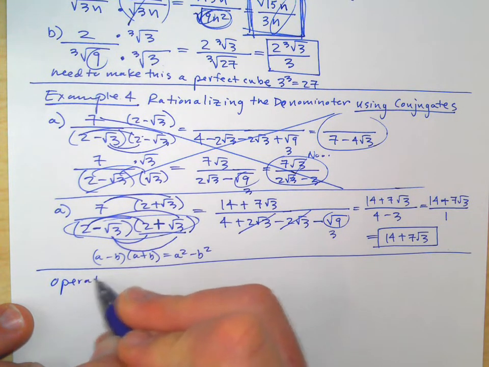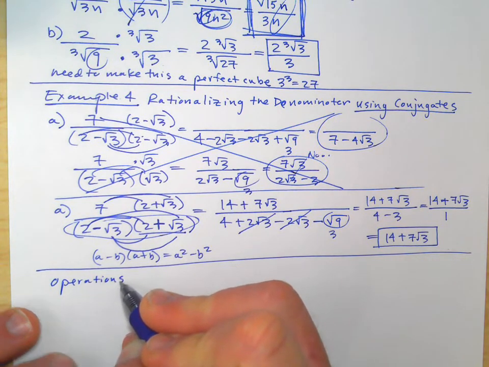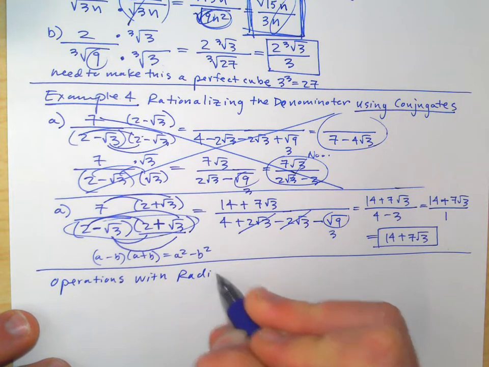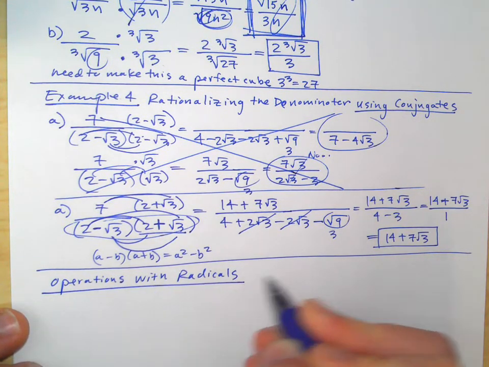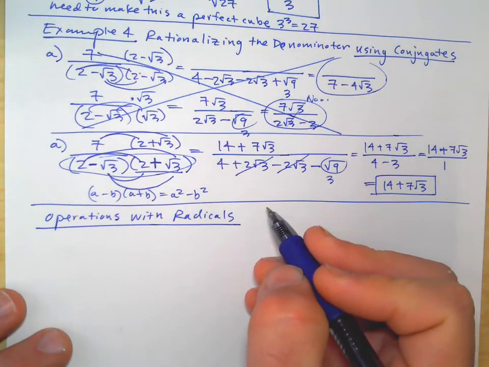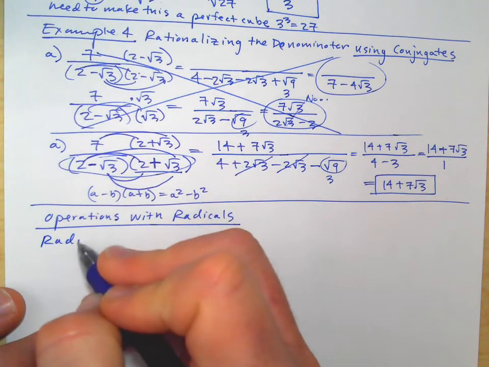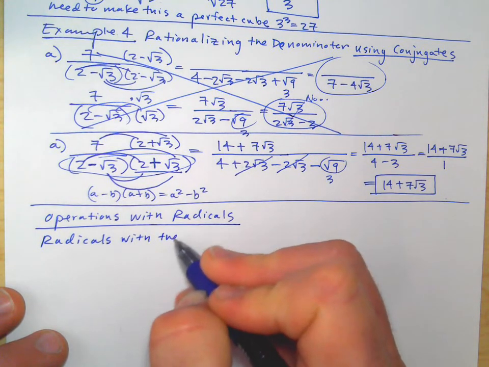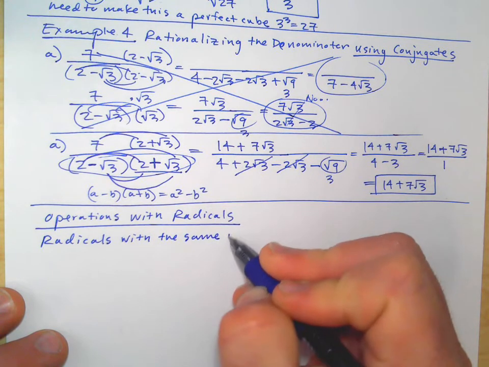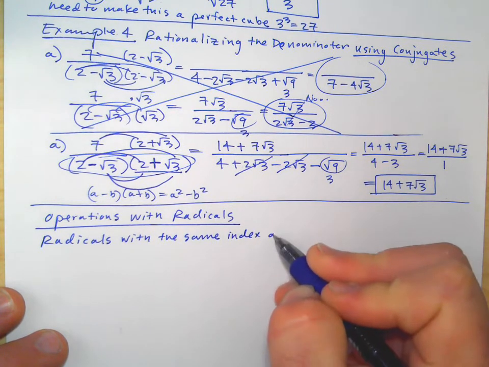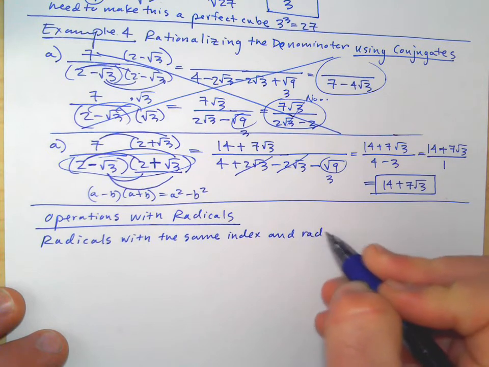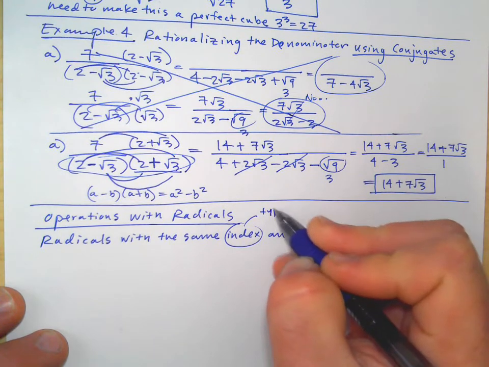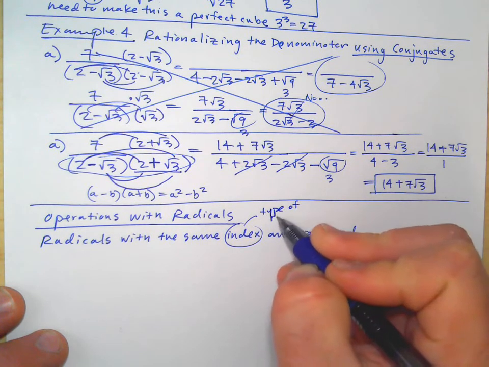Operations with radicals. Now, operations are just like adding, subtracting, multiplying, dividing. For adding and subtracting, you need radicals with the same index and radicand. The index is the type of root, like square root, cube root.